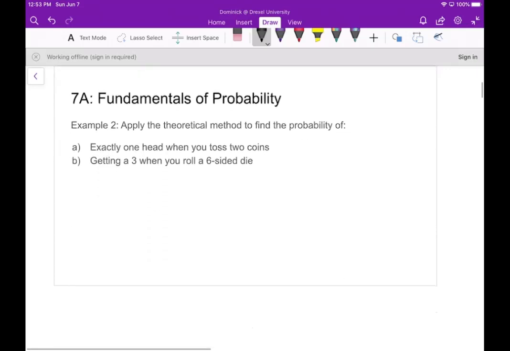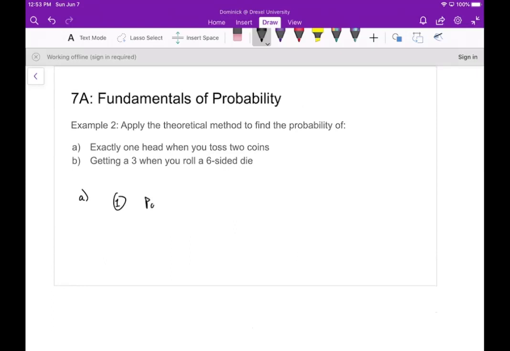So for example, we'll apply the theoretical method to find the probability of part A, exactly 1 head when you toss 2 coins, and part B, getting a 3 when you roll a 6-sided die. So the first thing we need to do is find the number of outcomes when we toss 2 coins. Do we get 1 head?